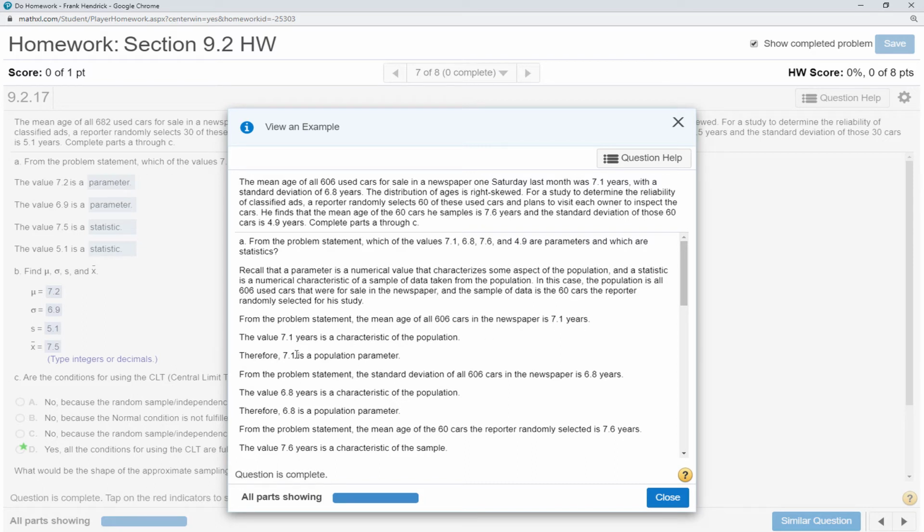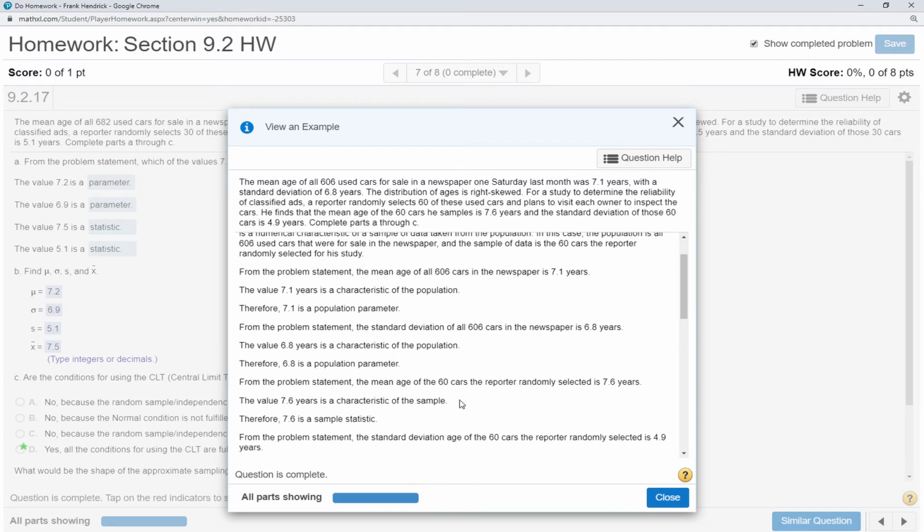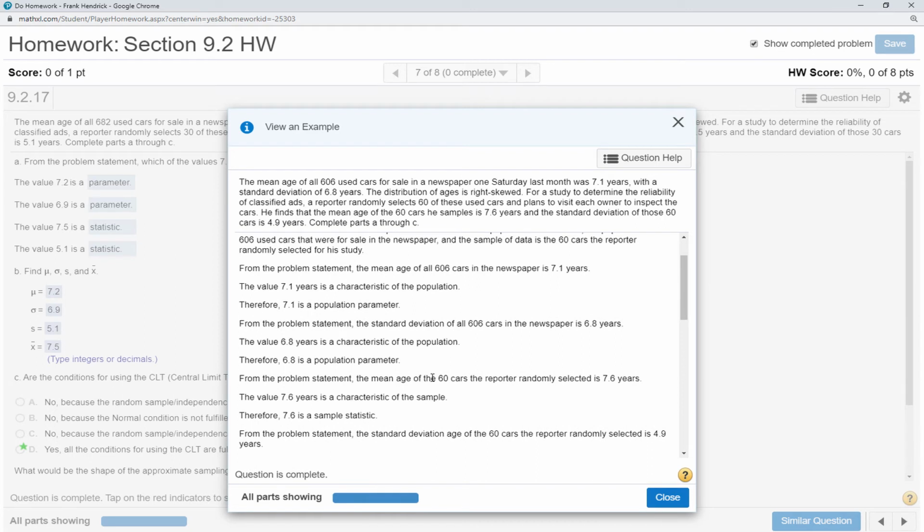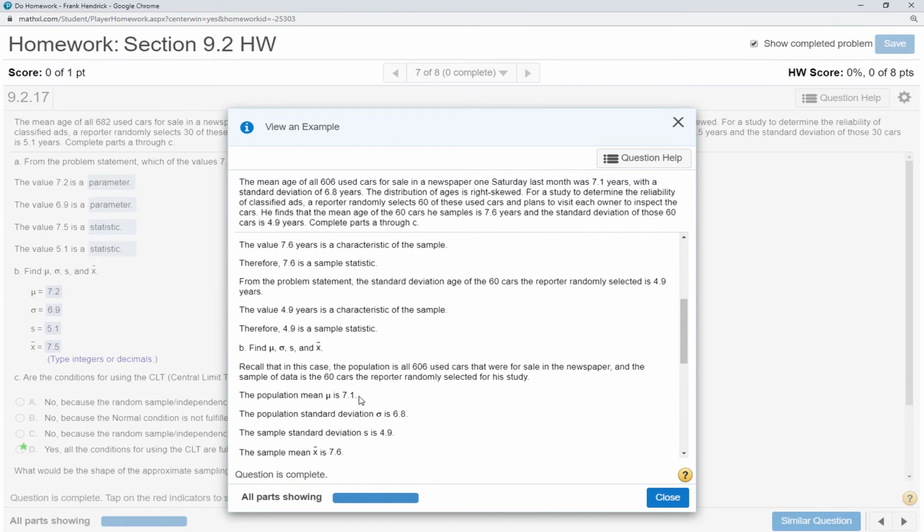That's a characteristic of the population, so that's a parameter. The standard deviation for all cars is also a parameter. The mean age of 60 randomly selected cars is 7.6. That's a statistic. The standard deviation from a sample of randomly selected cars is also a statistic.